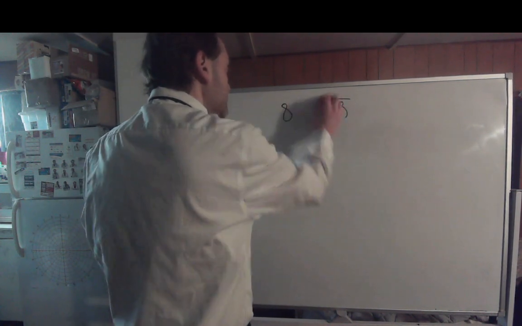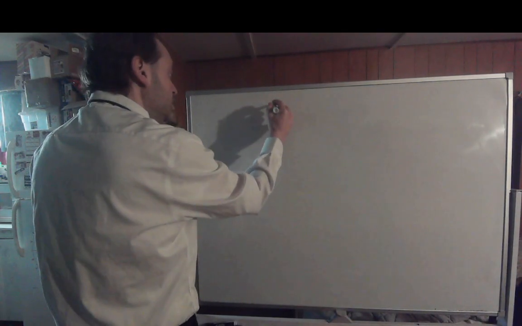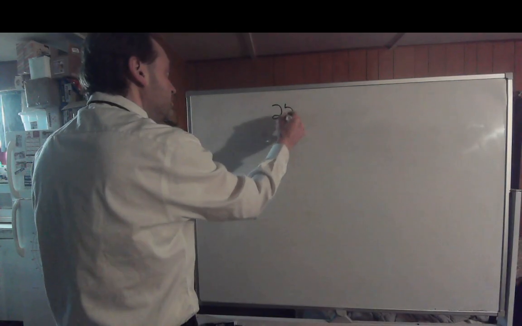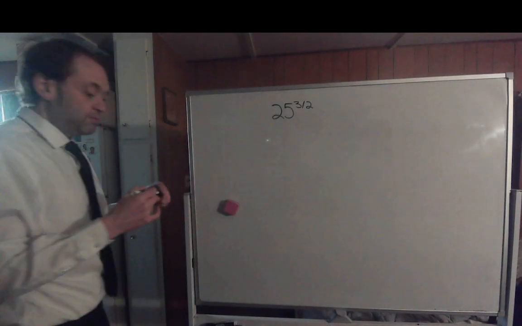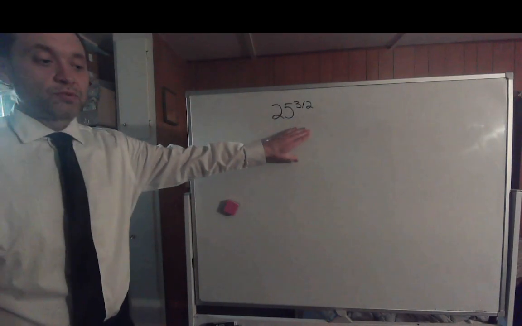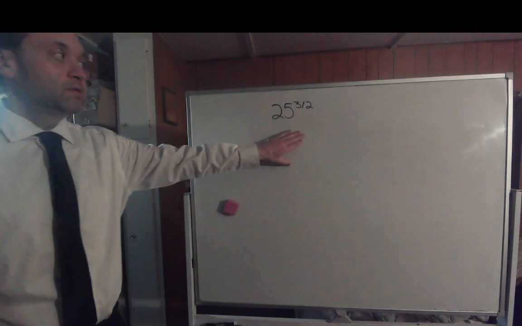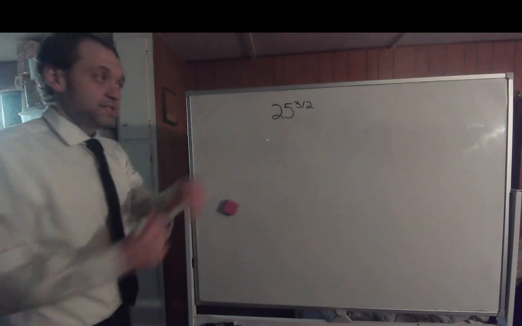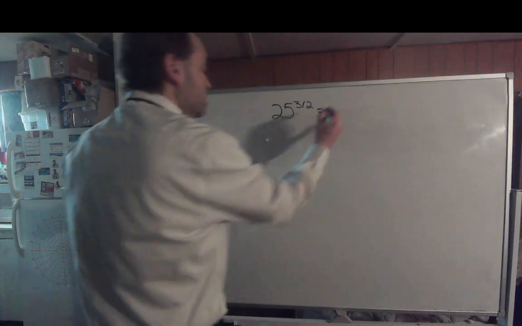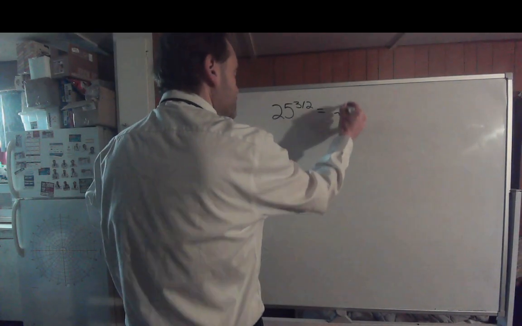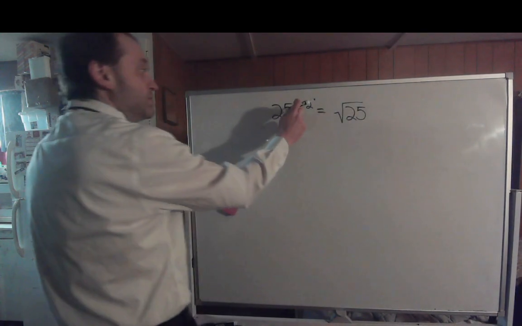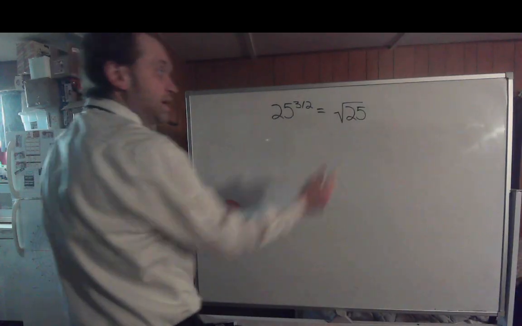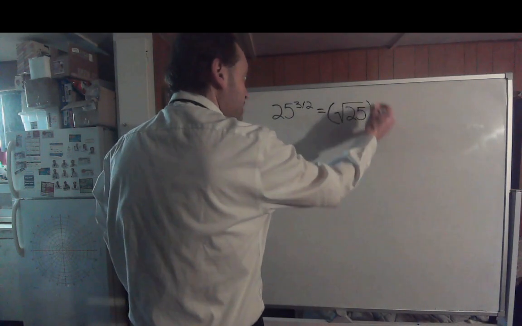Alright, let's change it up a bit here. Let's say I take 25 to the 3/2 power. Well, my root index is 2, so that means I'm going to take the square root of 25, but the numerator tells me I'm raising this whole thing to the 3rd power.